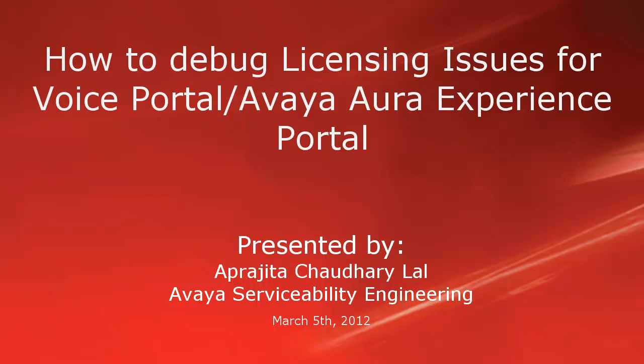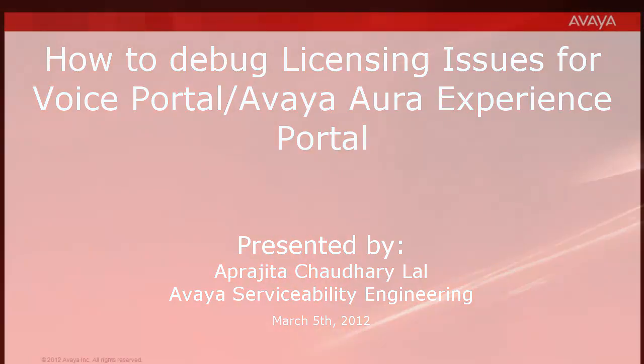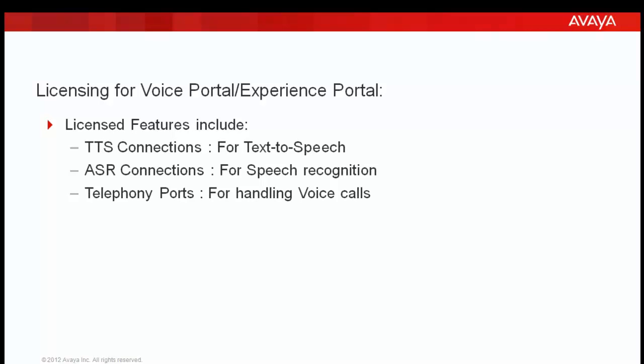In this video, we'll learn how to debug licensing issues for Avaya Voice Portal or Avaya Aura Experience Portal. Experience Portal requires licenses for enabling any of its features. And Experience Portal Manager keeps contacting the WebLM server to see the number of licenses it is authorized to use.